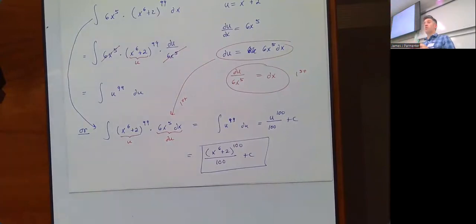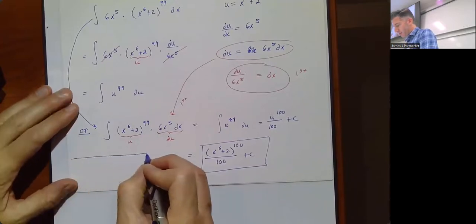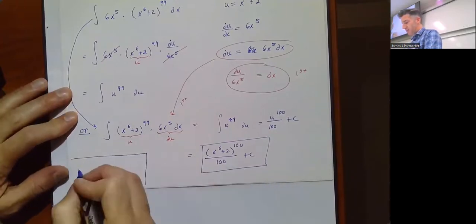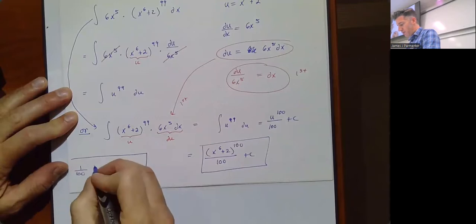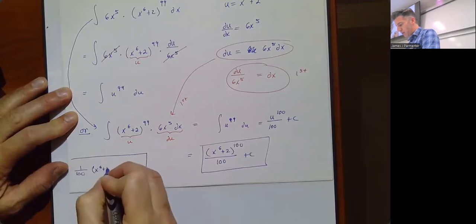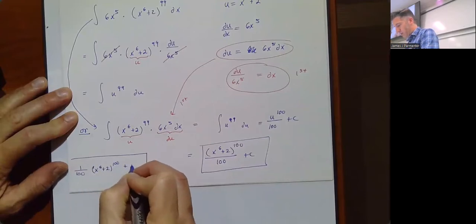And you can check the derivative, right? If you want to write your function out in a way that's easier to differentiate, I would write this as 1 over 100 times (x to the 6 plus 2) to the 100th power plus a constant.